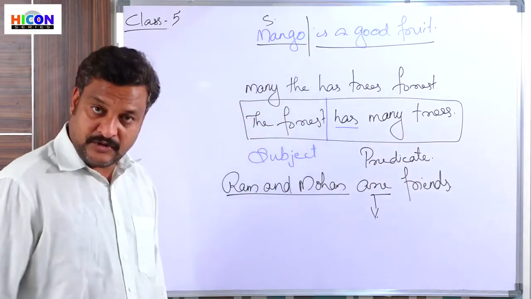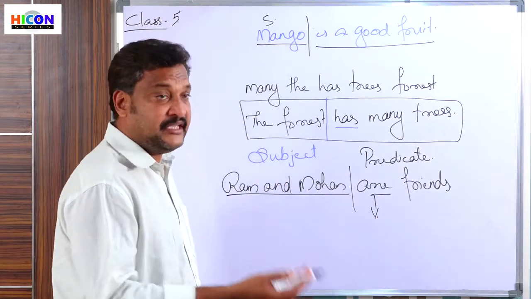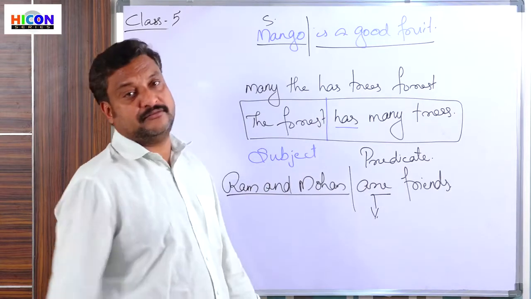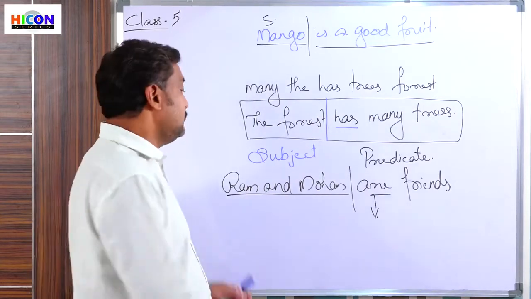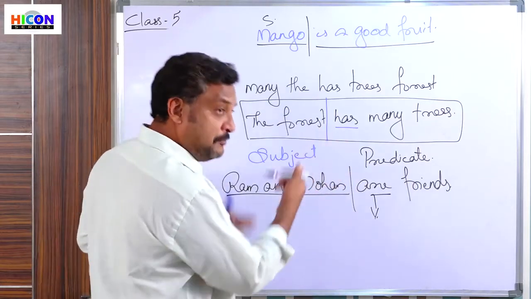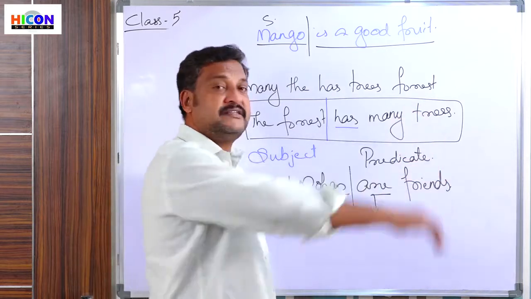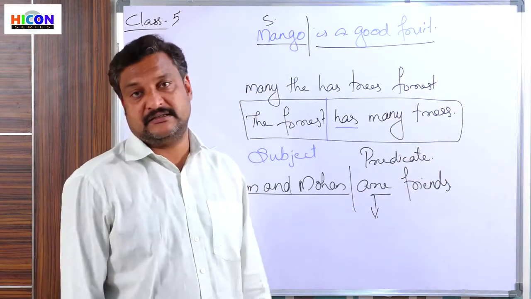Until the verb, the sentence is speaking about Ram and Mohan. So Ram and Mohan is the subject. What do we speak about Ram and Mohan? They are friends. So are friends is the predicate part of the sentence.